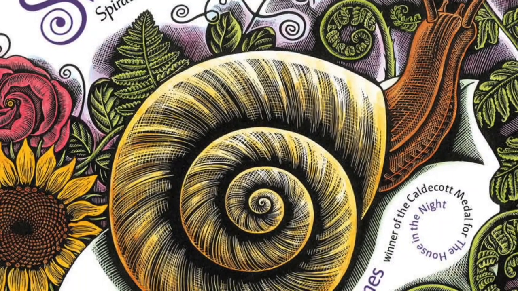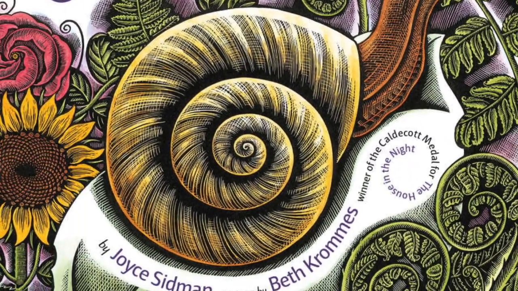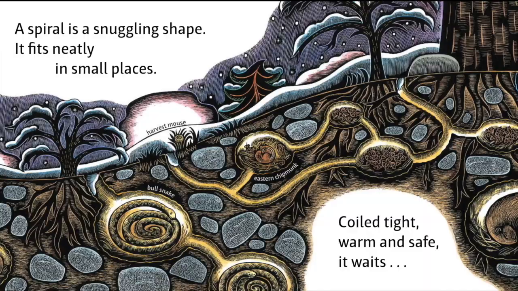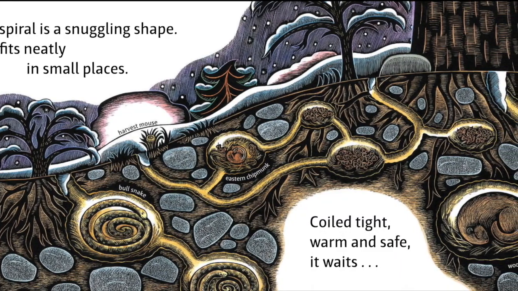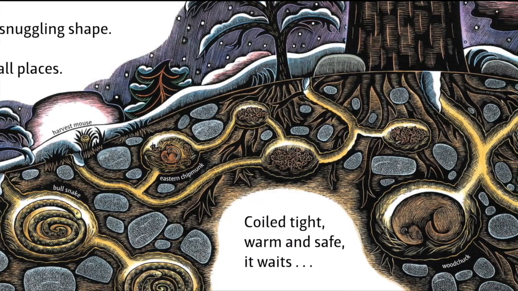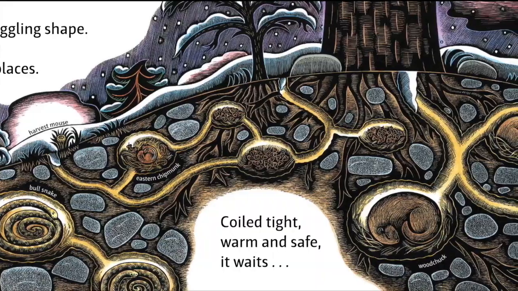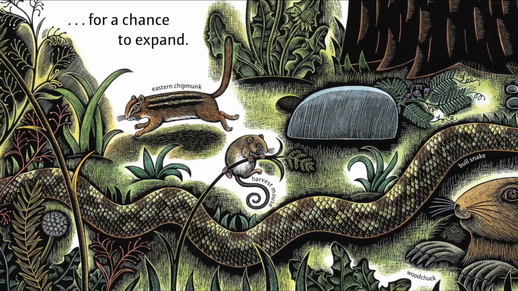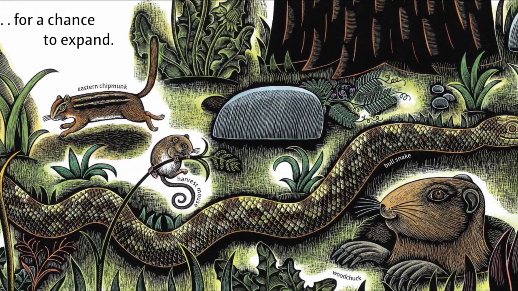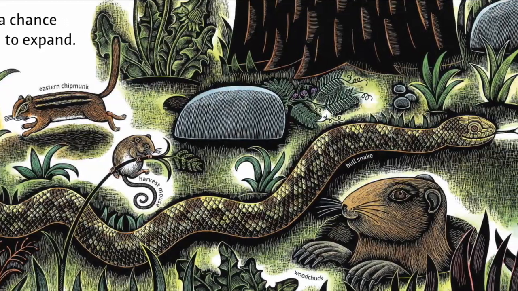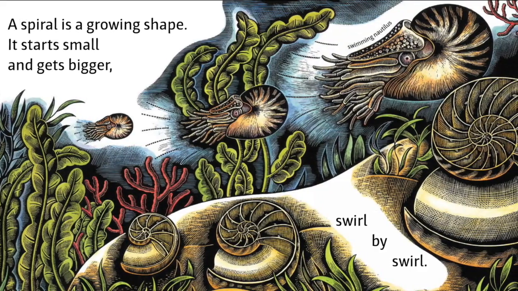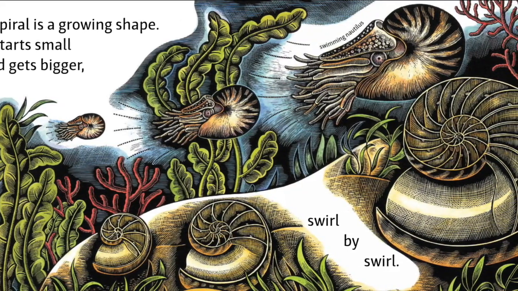Tell me, oh tell me, what is a spiral? A spiral is a snuggling shape. It fits neatly in small places. Coiled tight, warm and safe, it waits for a chance to expand. Tell me, oh tell me, what is a spiral? A spiral is a growing shape.